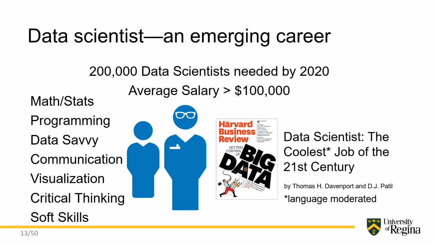So what are the main skills that a data scientist should have in order to perform his or her job? One of the main skills is a skill set in math and stats. A data scientist should have a basic understanding of math and stats, and much more than that.